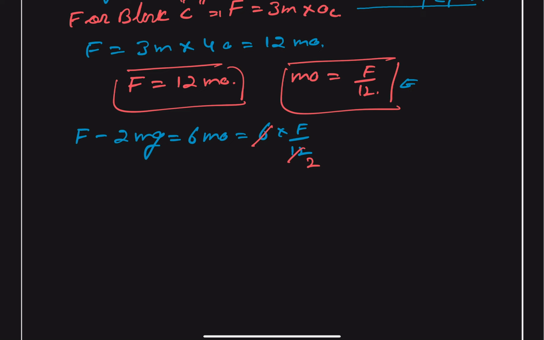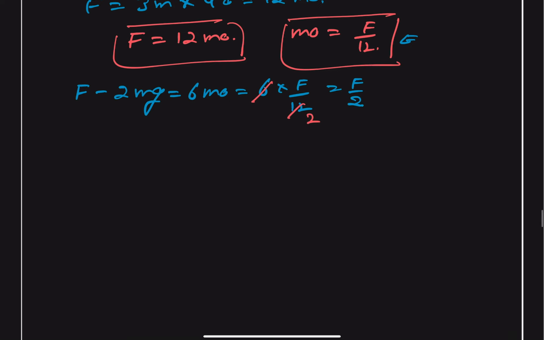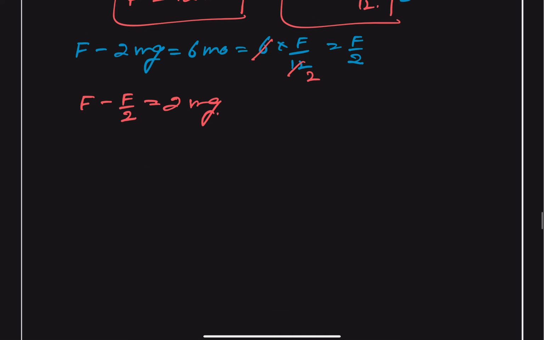That is a simple calculation. We can write F minus F by 2 is equal to 2 mg, and this gives us that F by 2 is equal to twice of mg. Therefore, the applied force F is equal to 4 times mg.